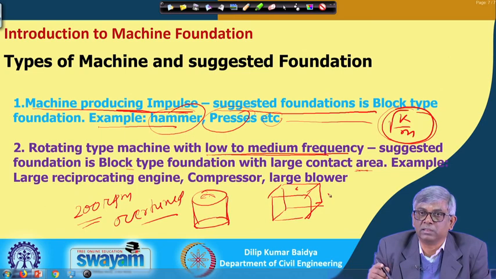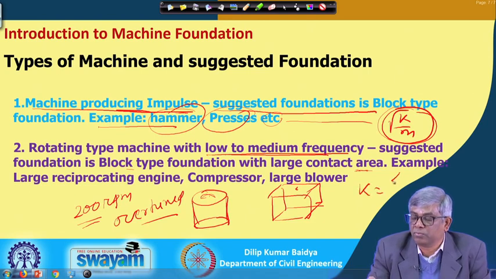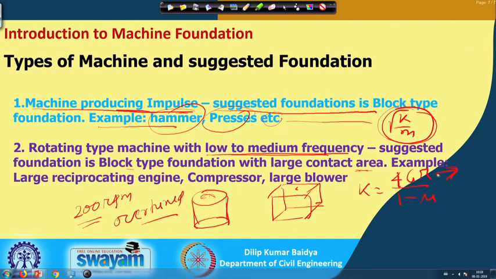It is easy, you can easily increase k by increasing the area, because k equals 4 G r by 1 minus mu. So this is r, the radius. That is why for a rotating type machine with low to medium frequency the suggested foundation is block type with large contact area.